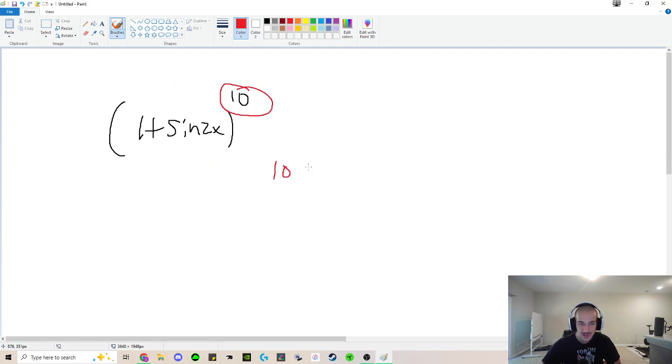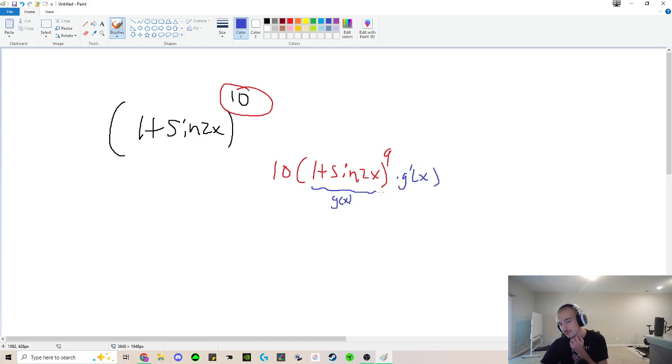This will be 10 times 1 plus sine 2x to the 9th, times the derivative. We'll call this guy g of x, times g prime of x. So what is the derivative of 1 plus sine 2x? Well, the derivative of 1 is 0.